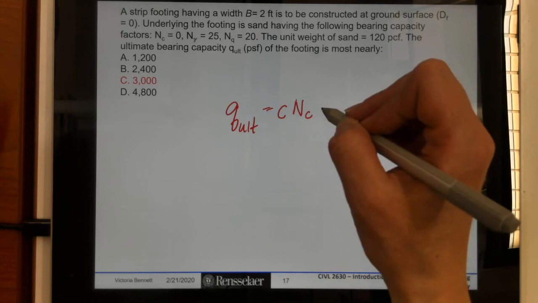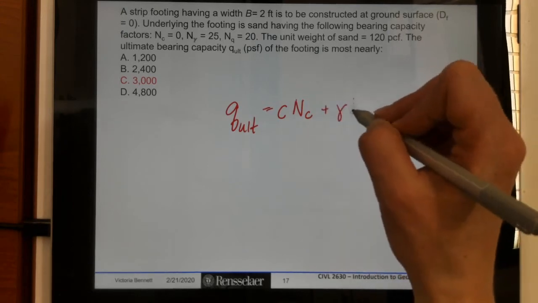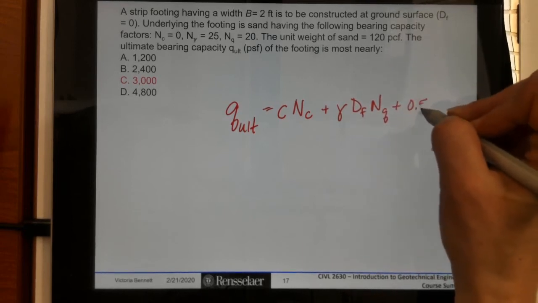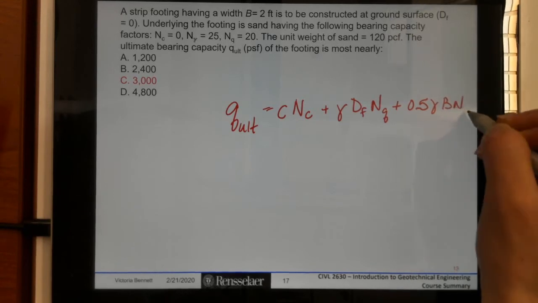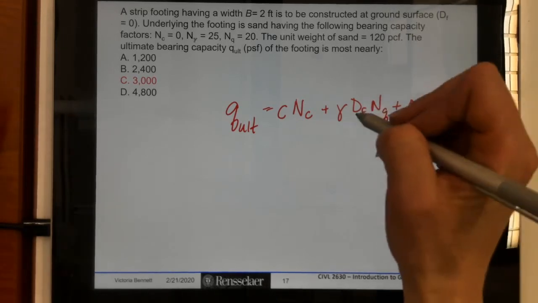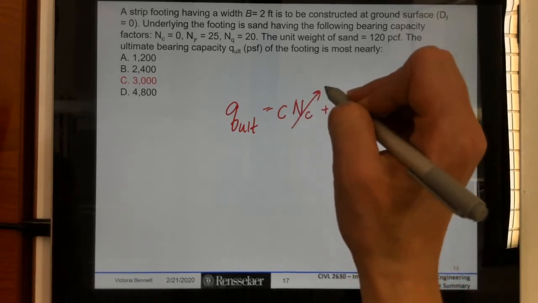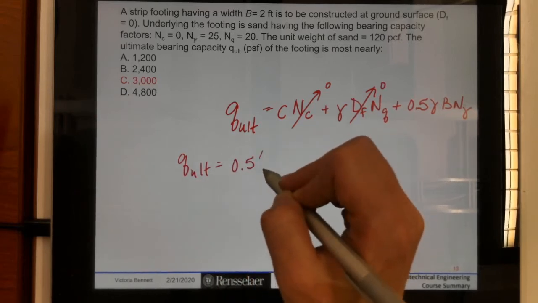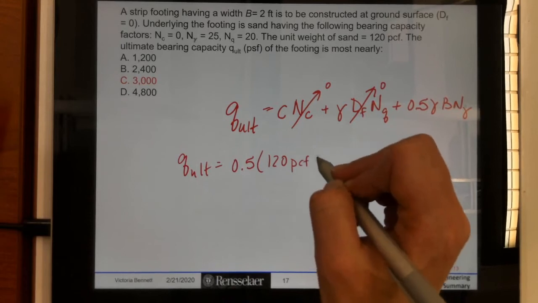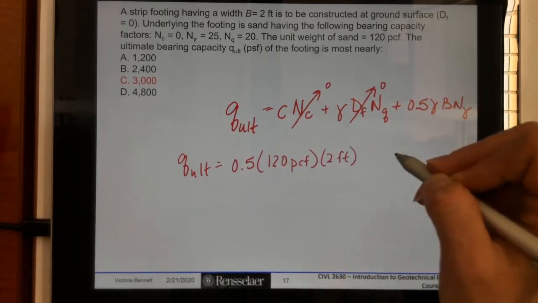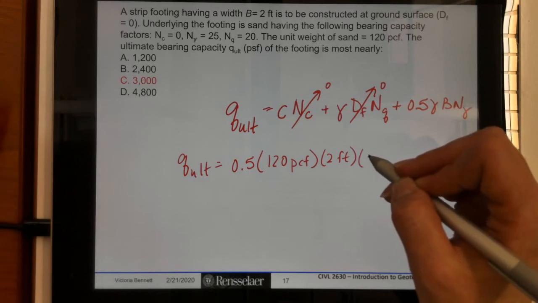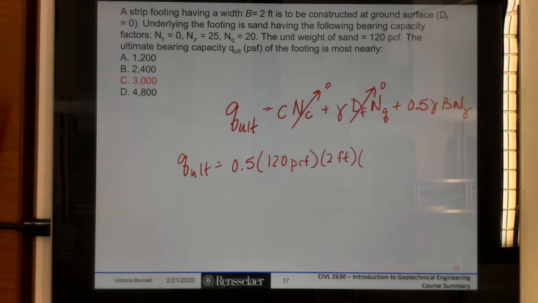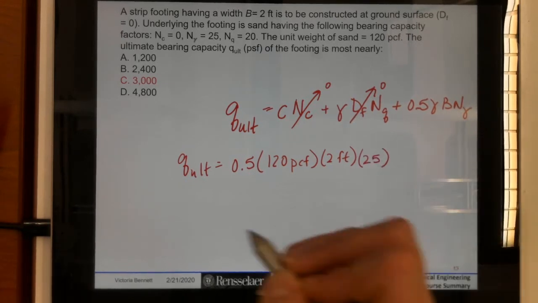Oh, the depth factor, yep. So the depth factor is 0, the n sub c is 0. I should get here.